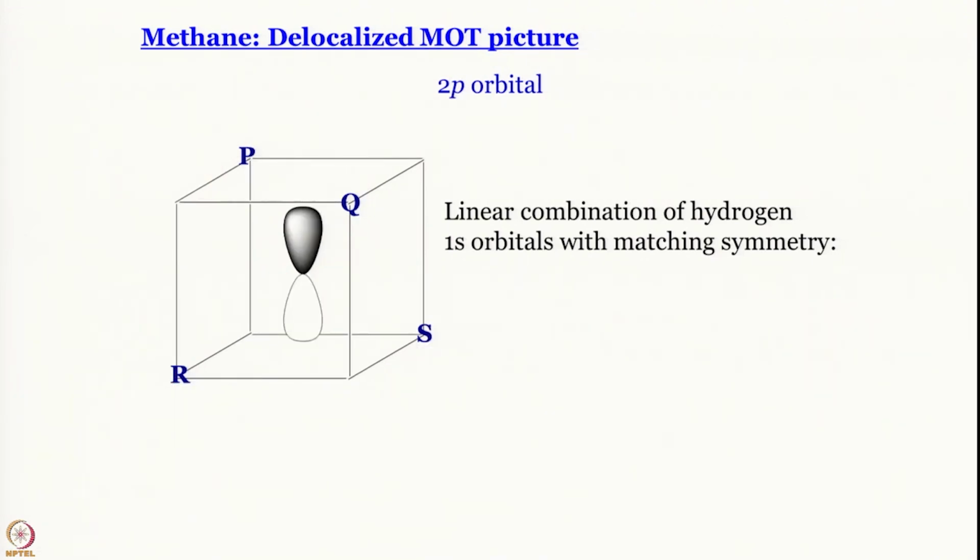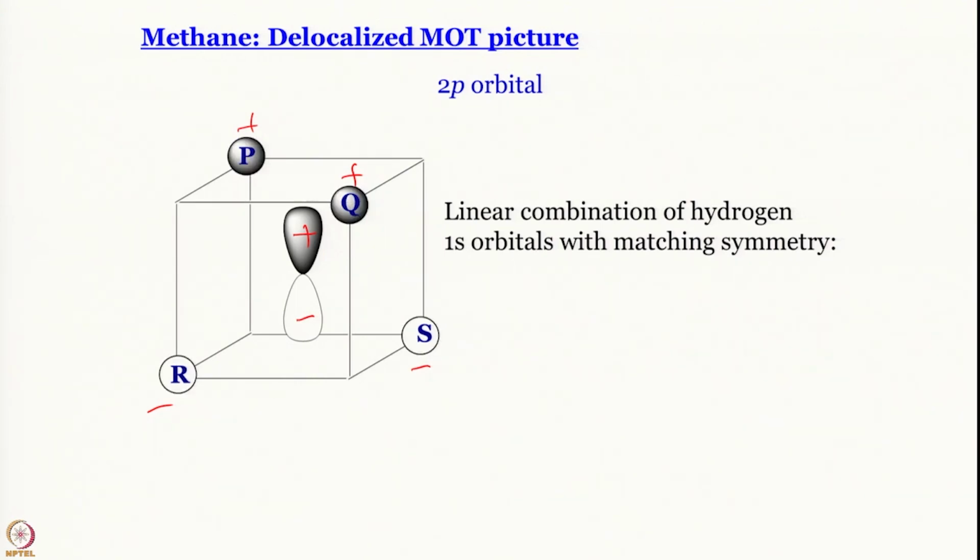What about the p orbital? Which linear combination of hydrogen orbitals will have matching symmetry with the p orbital? Remember, here this lobe is plus and this lobe is minus, the sign of the wave function. So, if I want matching symmetry, then p should be plus, q should be plus, r should be minus, s should be minus, is it not? Yeah, that is what I have shown here.